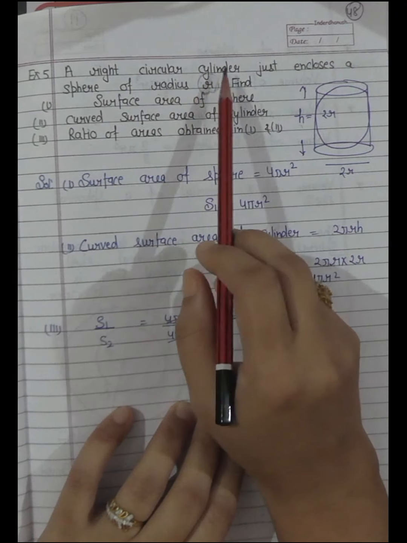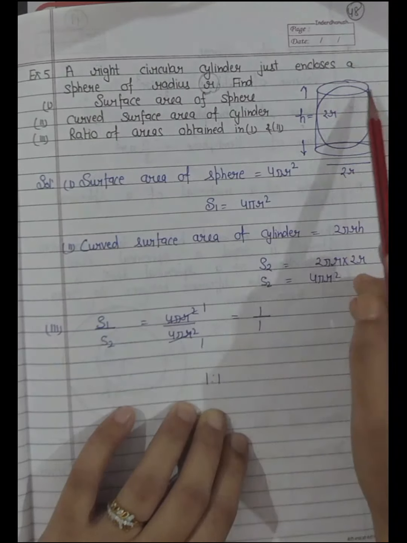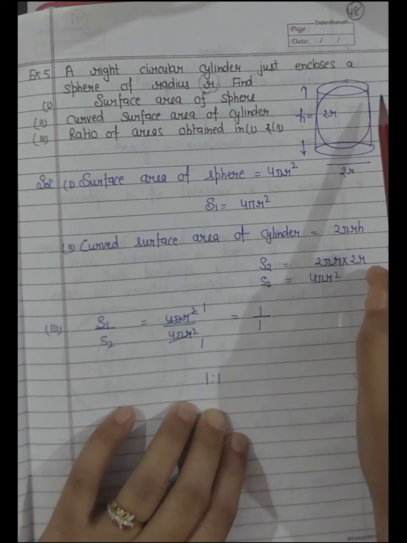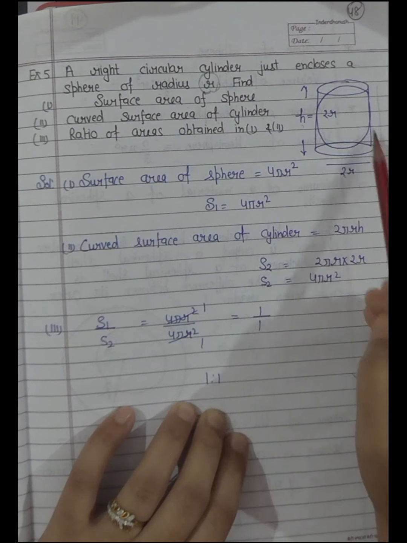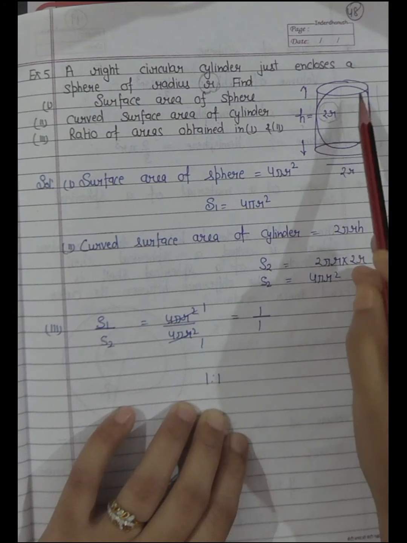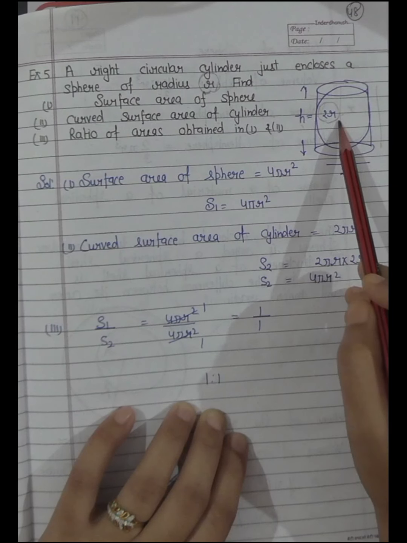The right circular cylinder just encloses a sphere. It means there is a sphere in the cylinder and the cylinder's height will be equal to the diameter of the sphere, which is 2r.